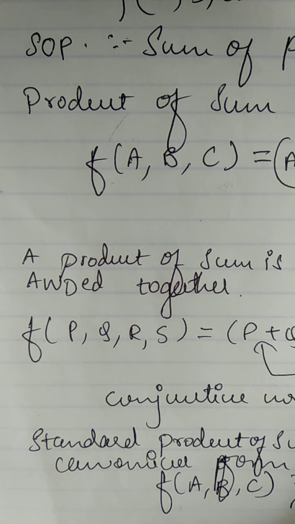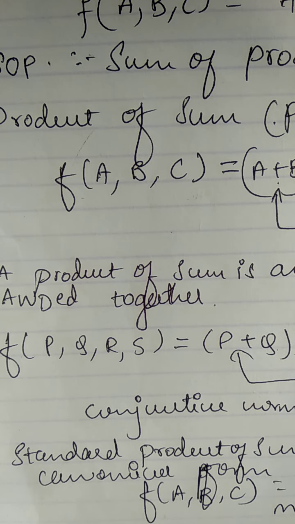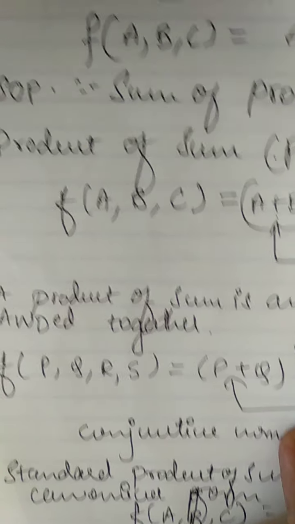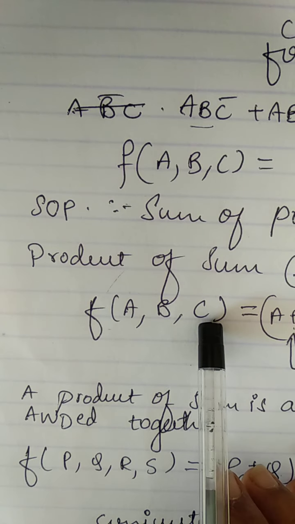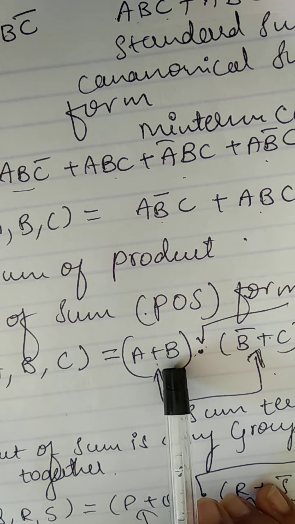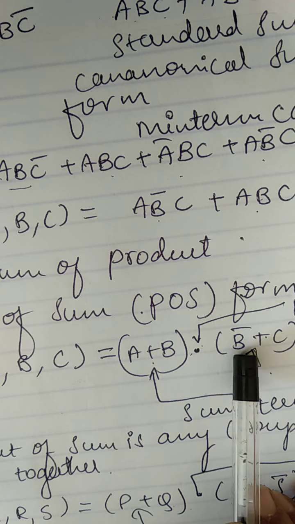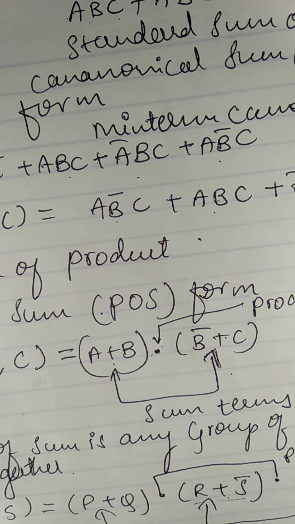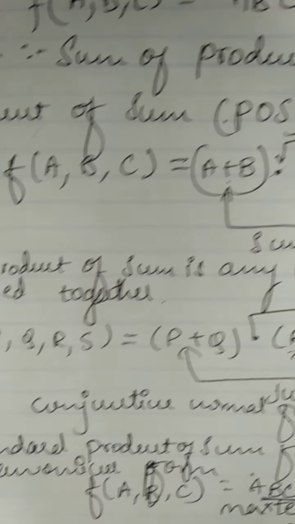Next is product of sum. So what is product of sum? It is a group of sum terms which are ANDed together. For example, f(A,B,C) = (A+B)(B'+C). So these are the sum terms and this is the product.